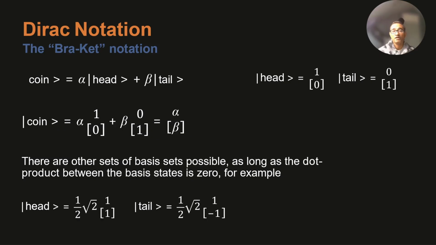You can have other sets of basis states possible, as long as you follow the basic principles. The first is that the amplitude squares should add up to 1, and the product between the basis states is 0.